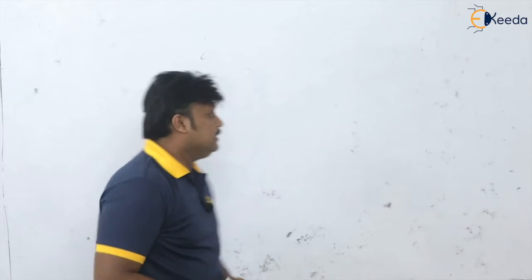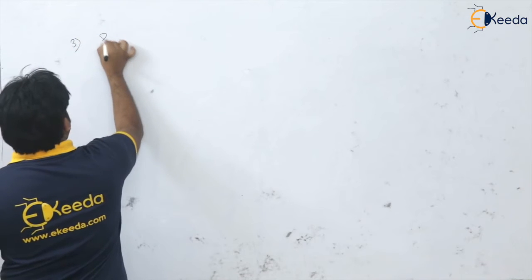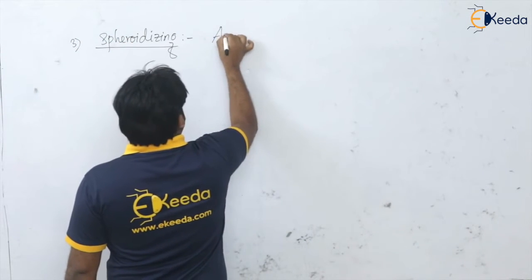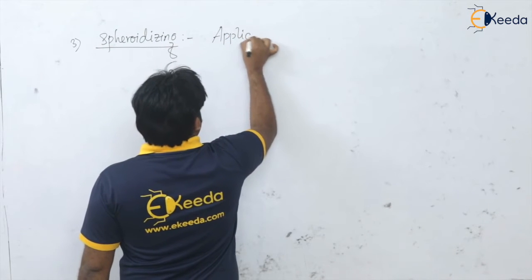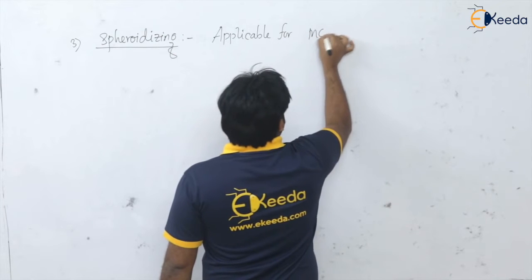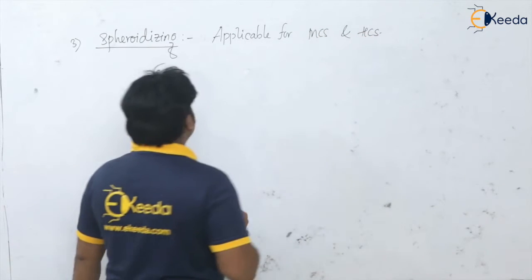So dear students, the next annealing process that we are going to see, this is the third, that is spheroidizing. This spheroidizing is applicable for the medium carbon steels and the high carbon steels, isn't it?